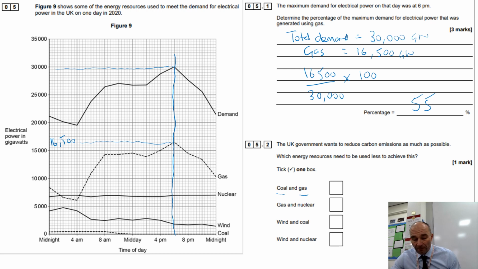So that's suggesting that's probably the correct answer. Just to check, gas is a fossil fuel, nuclear doesn't produce any carbon emissions. Wind and coal, well, coal does, but wind doesn't. And again, wind doesn't down there, and nuclear doesn't either. So our correct answer there is coal and gas, and make sure you tick that one.